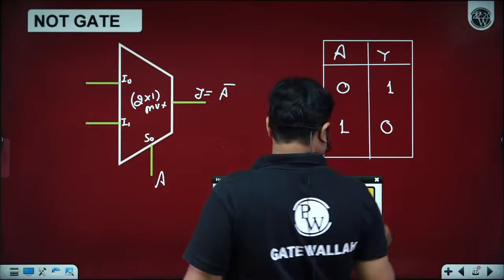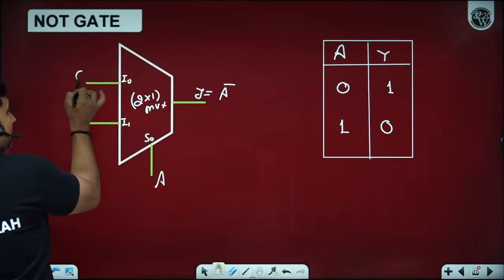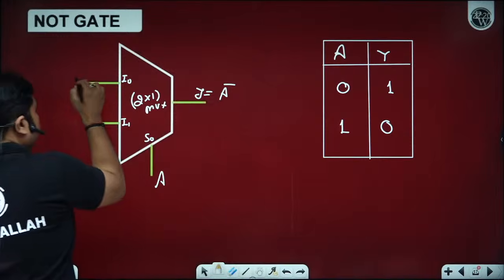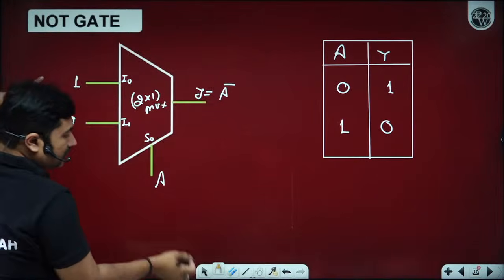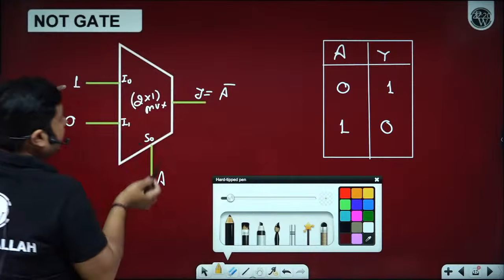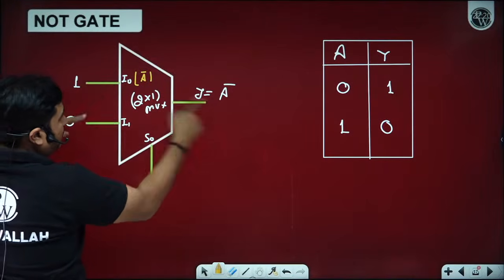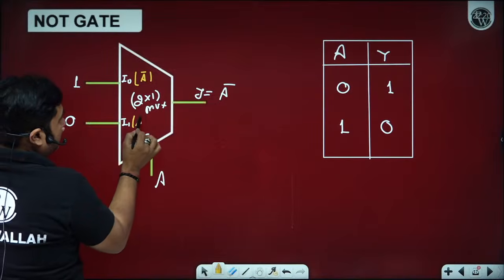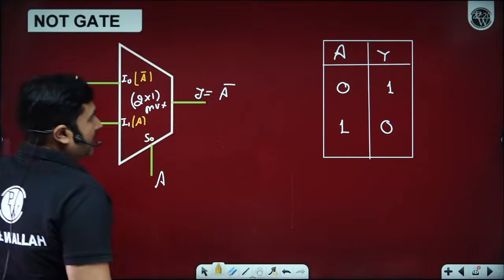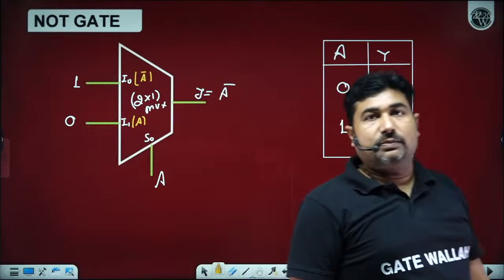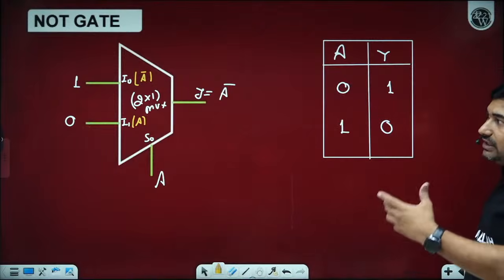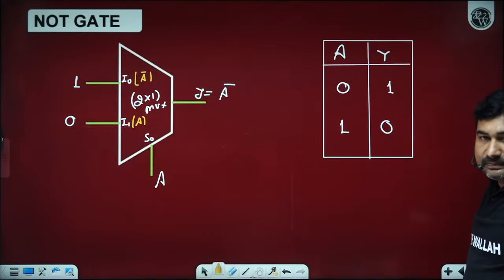Just copy this part and paste here: 1 0. Because of the select line action, A bar is available here, which is going to be multiplied with this 1, plus A is going to be multiplied with this 0. So we are getting Y equals A bar. The NOT operation can be performed by using a 2 cross 1 size multiplexer.